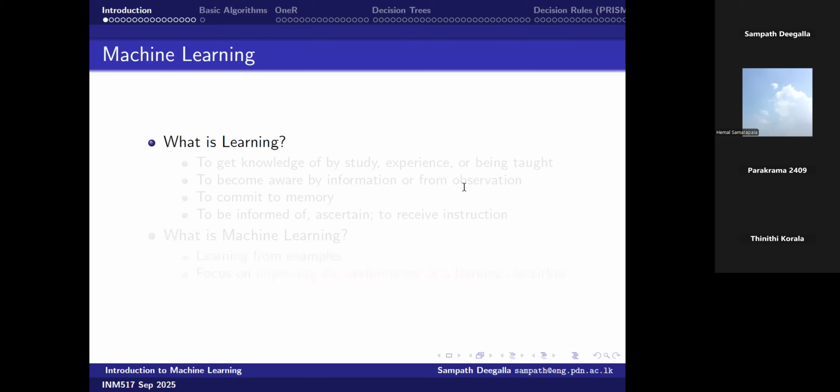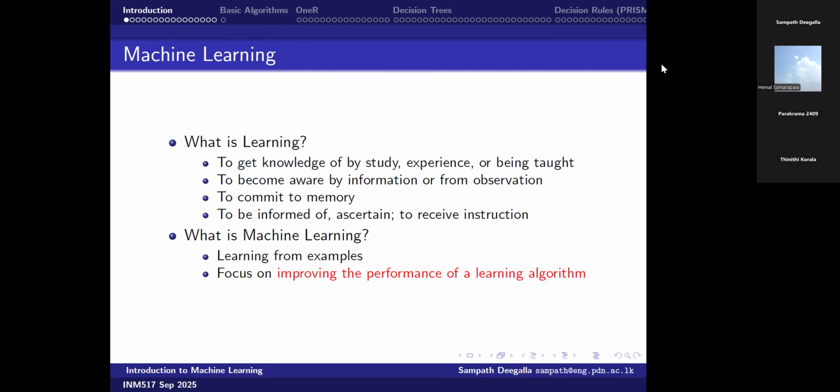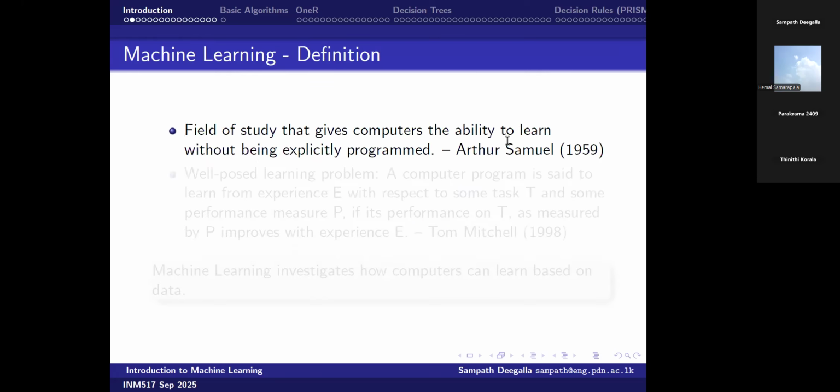Okay. So last time we discussed what machine learning is, and basically we want computers to learn when we provide the data. Basically, the area of machine learning focuses on improving the performance of various learning algorithms.